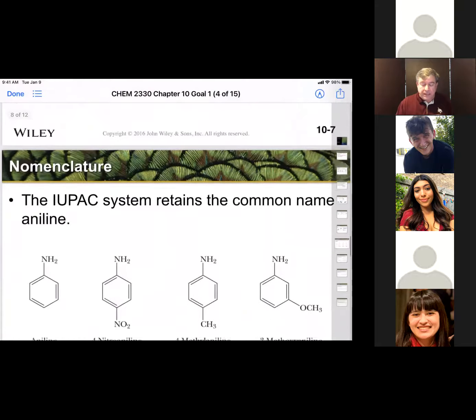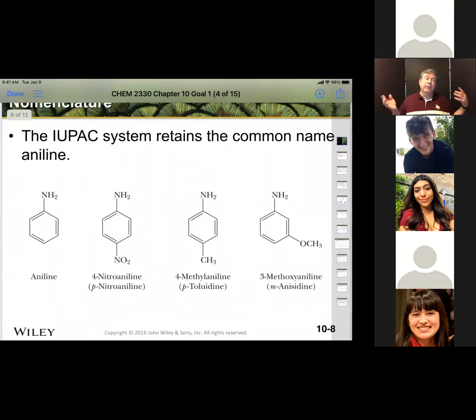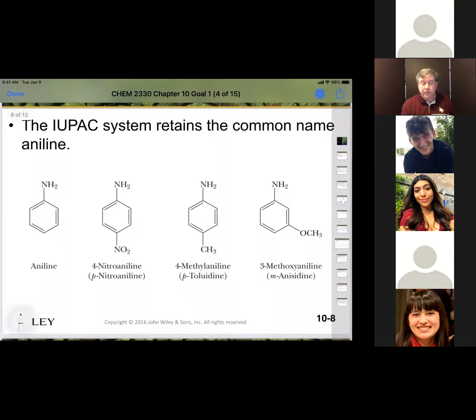Okay. In our IUPAC names, when we have the ring, we learned this in the last chapter, when we have the amine on that benzene ring, we call it aniline. And if aniline is the highest priority group there, everything is named for it. And we start with aniline, with 1 always starting where we're naming that ring.